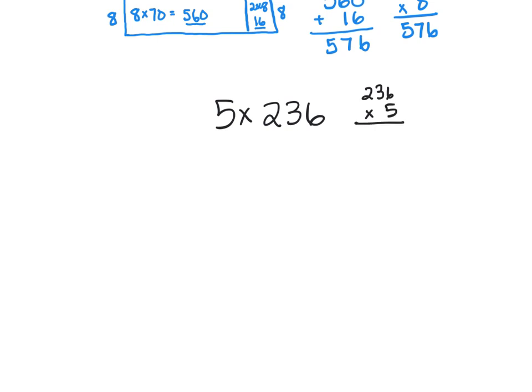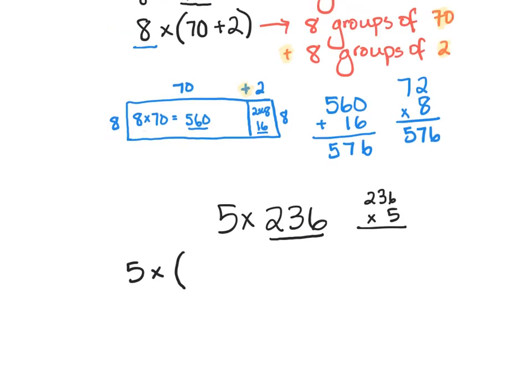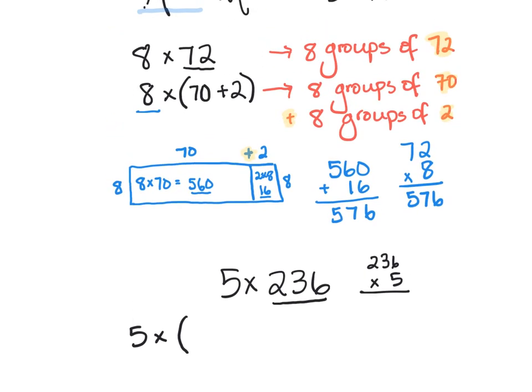Okay? So I like to think when I have my smaller number, I like 5 groups of 236. So I'm going to expand the larger number into friendlier numbers by place value. I'm going to keep that times, and I'm going to expand 236 within my parentheses to keep it organized, just like I did up here too. 4th graders, use your parentheses when you expand, please.